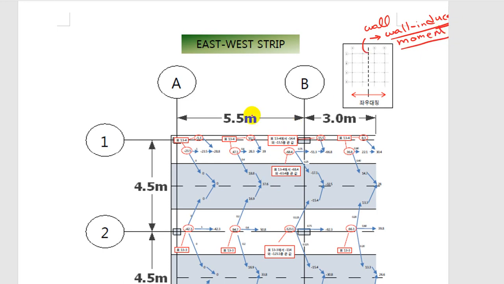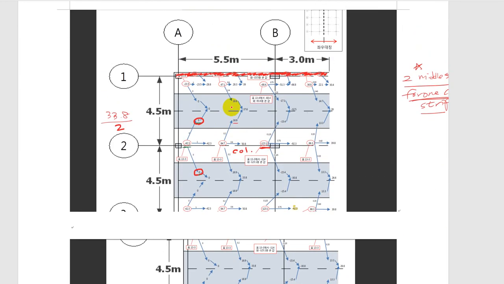Alright, so this is wall loading, and we have a moment. See, these are the wall loadings. We just saw it, right?